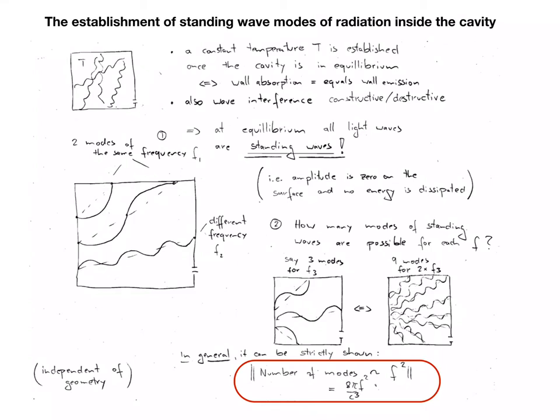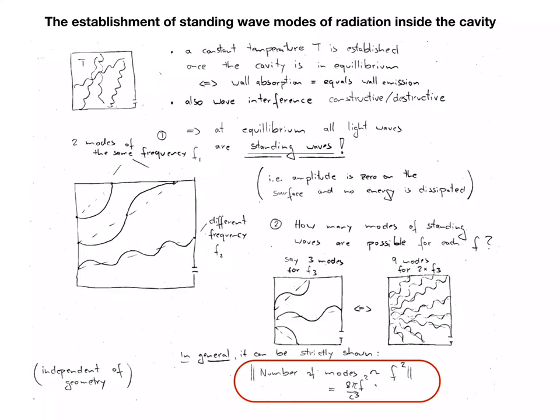Furthermore, inside the cavity, the light waves will interfere with each other, and this will occur in a constructive or in a destructive way. The important realization here is that only light waves that have nodes on the walls, where the amplitude does not change on the wall, standing waves inside the cavity, will constructively interfere and will be maintained.